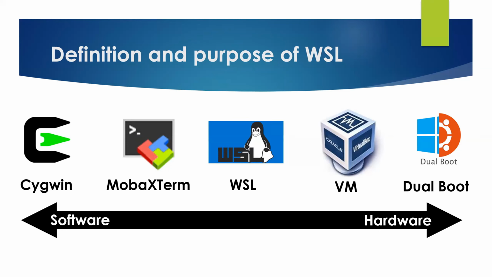With WSL, users can access a wide range of Linux software, the development tools that you'd be familiar with, all your scripting languages and package managers that aren't really available or you're not familiar with on Windows. You can take advantage of a familiar workflow, and it allows developers to test and build cross-platform applications with ease, providing a familiar Linux environment without sacrificing the productivity and compatibility of Windows.